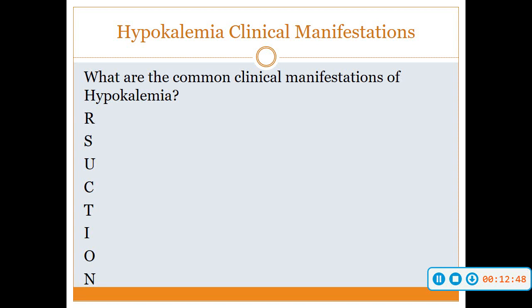O, orthostatic hypotension, and N, numbness or paresthesia. They could also have other neuro signs like lethargy, confusion, and coma. I can't say I've ever seen a patient that's just been so hypokalemic that they're in a coma, but somebody out there says that. So there you go.